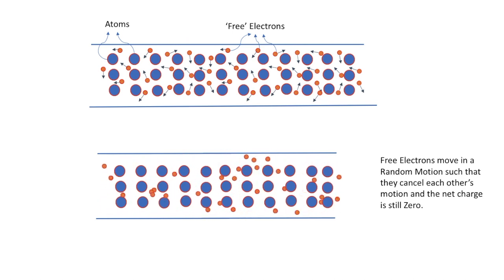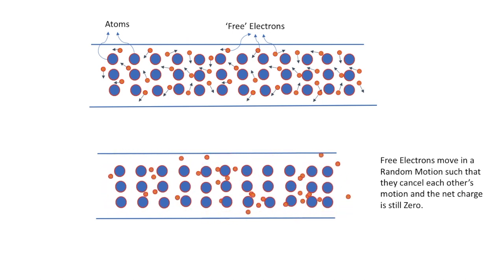What this means is they're not moving in any particular direction, and as a total, their motions cancel each other out, and there is no net charge. There are the same number of protons and total electrons, so the net charge is still zero.